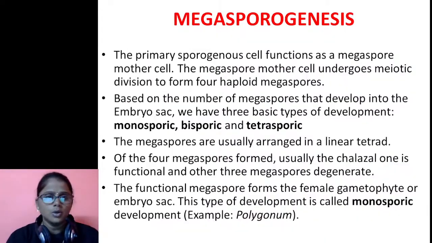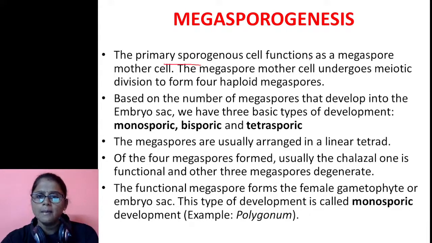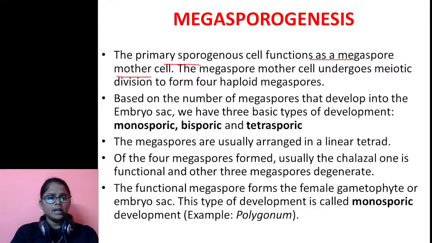The primary sporogenous cell I told you about functions as the megaspore mother cell. So these primary sporogenous cells pushed towards the nucellus are the ones that become megaspore mother cells.